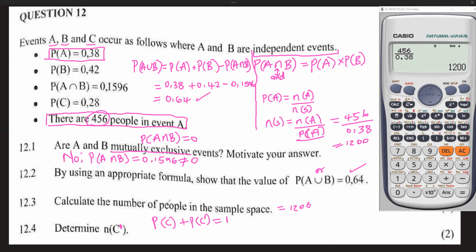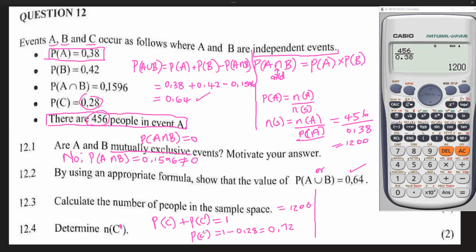Perfect. The probability of C is known, it is 0.28. So which means the probability of not C is going to be 1 minus the probability of C, which is 0.28. And then this gives us how much? It should be 0.72, right? Yeah, 0.72.